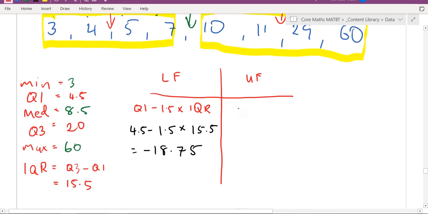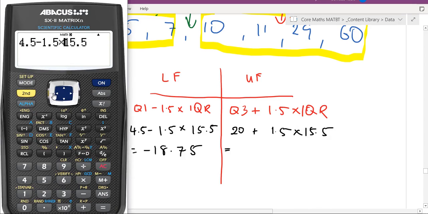So for the upper fence, it's Q3 plus 1.5 times IQR. Okay, so that's going to be 20 plus 1.5 times 15.5. Okay, so in here on my calculator, 20 plus.